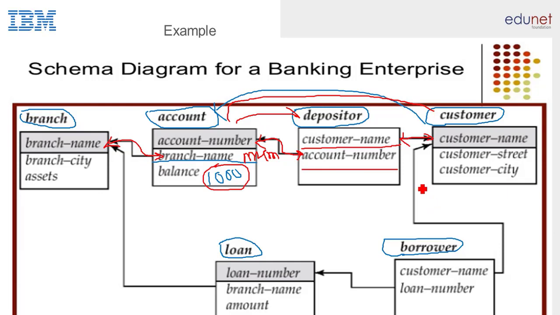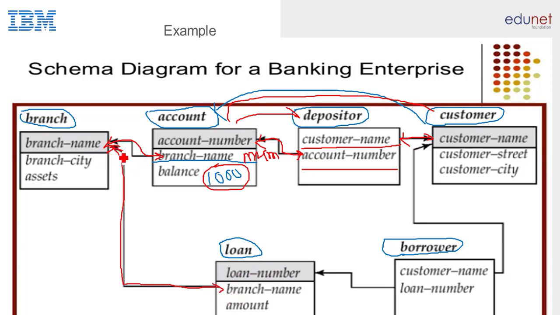And next, suppose the customer already has a loan account. The loan account depends on your branch name. Suppose I am a customer who belongs to Mumbai and I have a loan, so my loan number is different and the branch name must be the same.